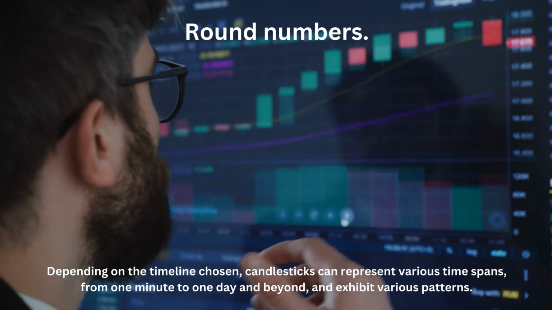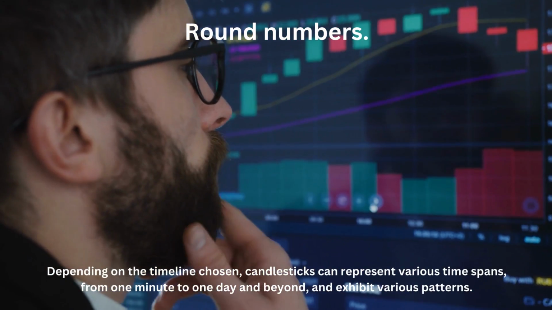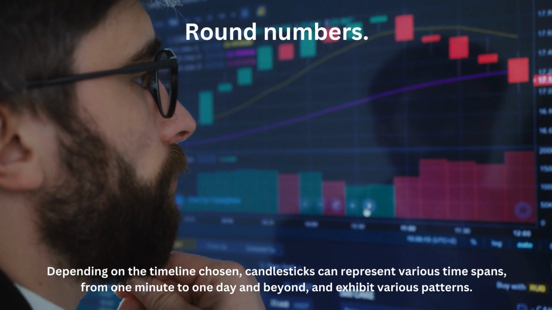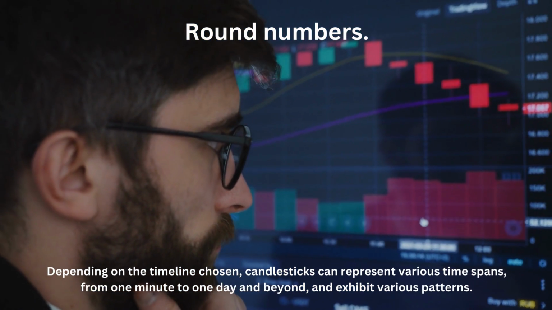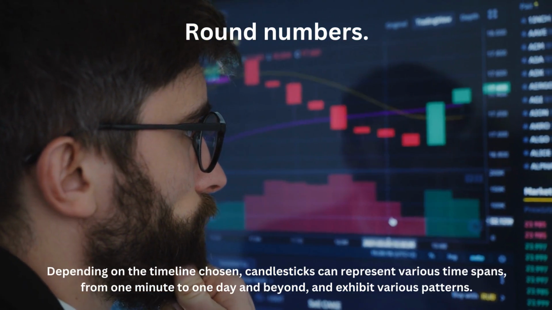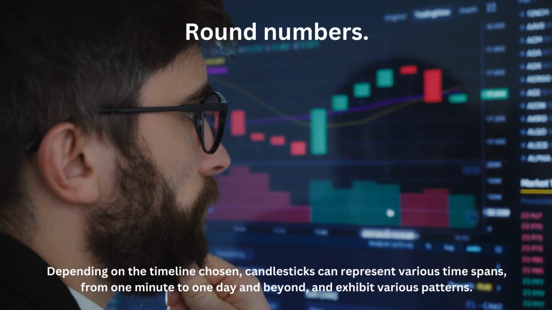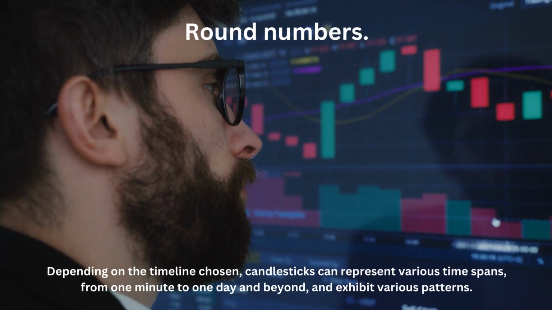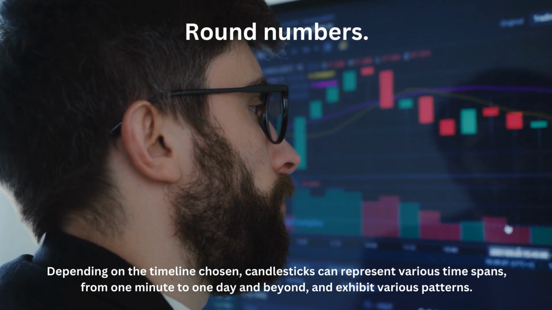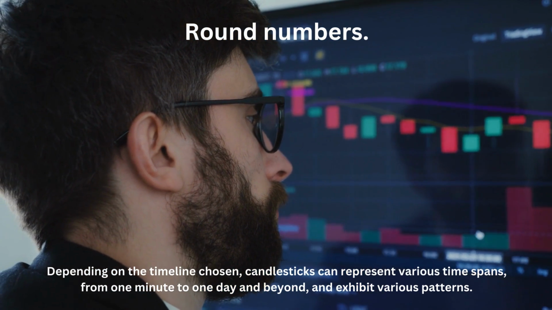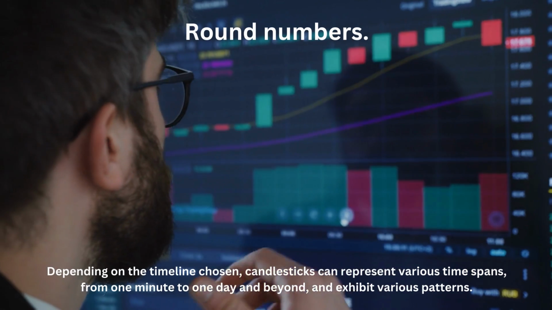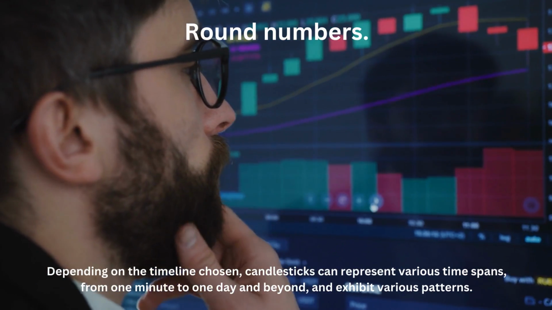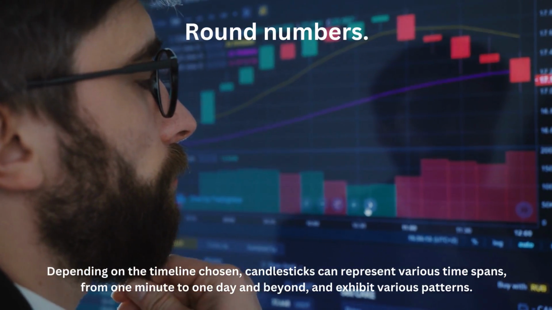Round numbers. The obsession with round number price levels by novice or institutional investors has an impact on support and resistance levels. It can be challenging for the price to rise above this point when a lot of trades cluster around a good round number, such as happens frequently with Bitcoin whenever its price approaches a sum that is evenly divisible by $10,000, for example.